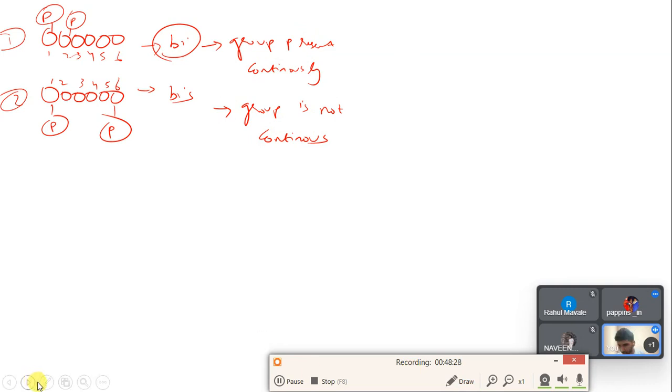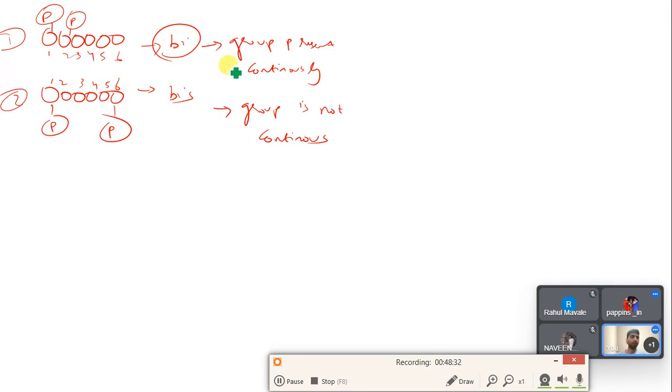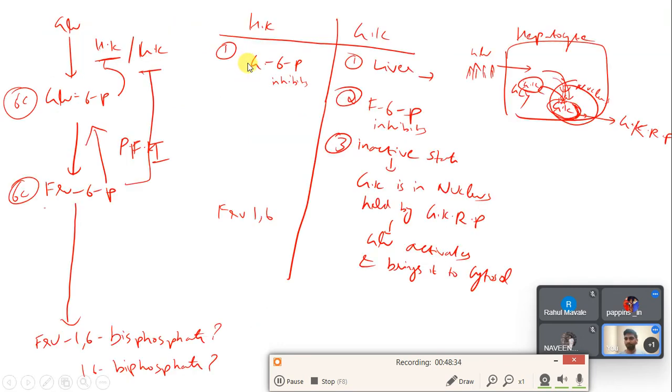So we were talking about, I was telling you, when someone asks you what is the most crucial step of glycolysis, you should always answer: it is the conversion of fructose 6 phosphate to fructose 1,6 bisphosphate.